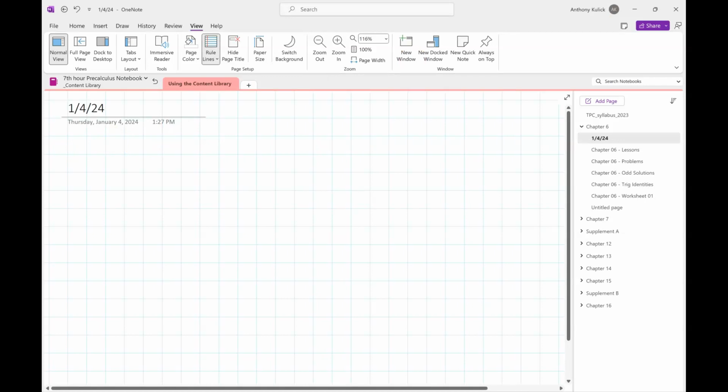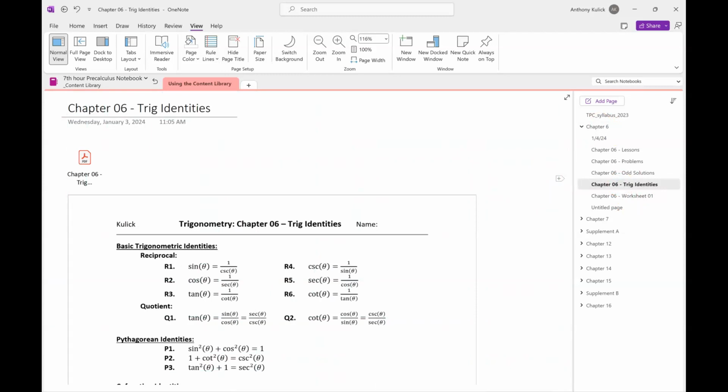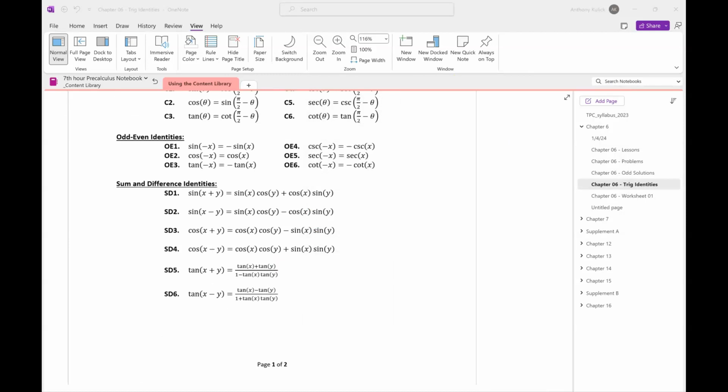So if we look at our new identity sheet, you'll notice that we're going to have a few new types of identities.